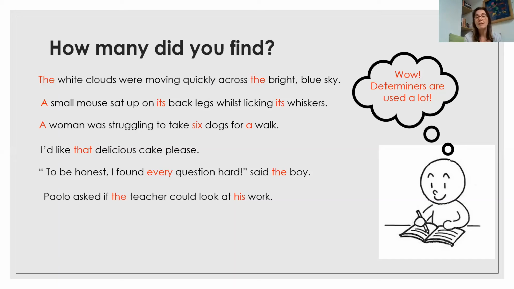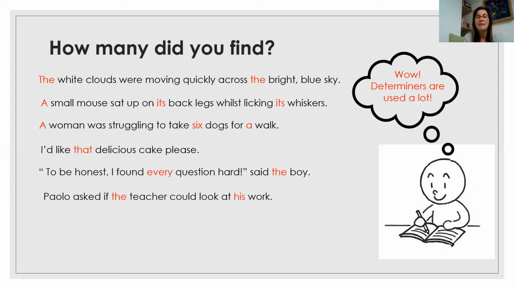Paolo asked if the teacher could look at his work. Let's look for the nouns first. Teacher and work. We also have Paolo, the proper noun, but we haven't got a determiner in front of Paolo because Paolo is the person. So he doesn't need a Paolo or the Paolo or this Paolo because he's just Paolo.